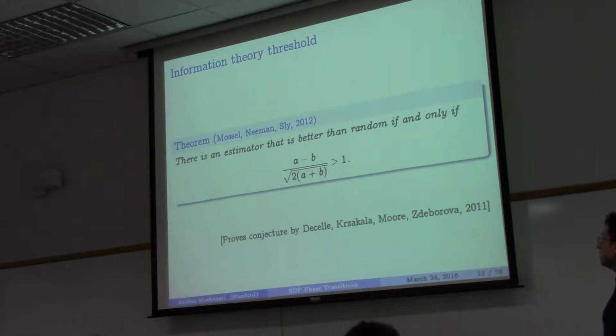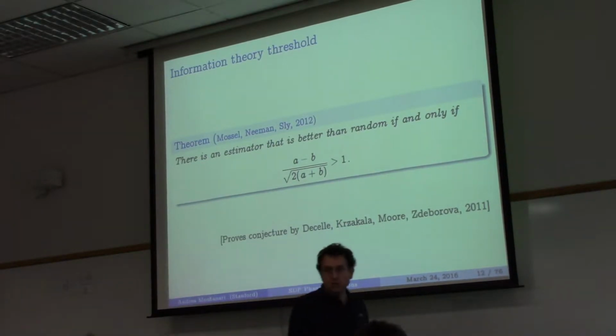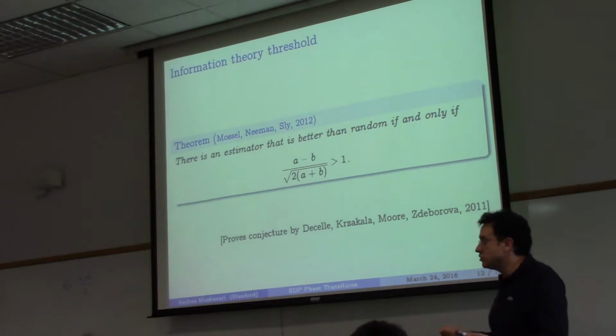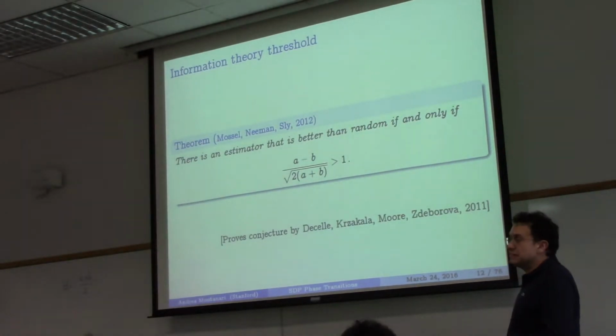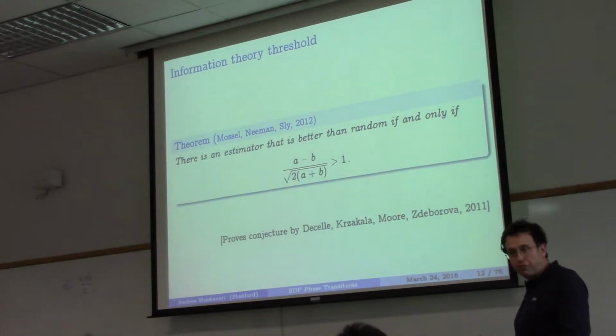What is a plus b? Well, a plus b is related to the average degree. Actually, the average degree, let me write it down. I'll come back to this, but it's a useful notation. The average degree is (a plus b) over 2. Degrees in this model are Poisson. This is an Erdős–Rényi graph, so the degrees are Poisson, so the standard deviation of the degree is roughly the square root of a plus b.